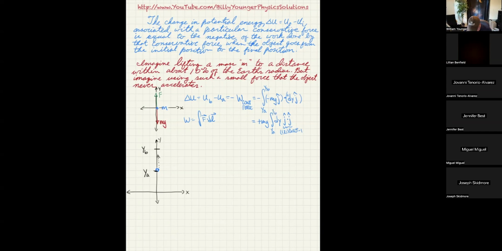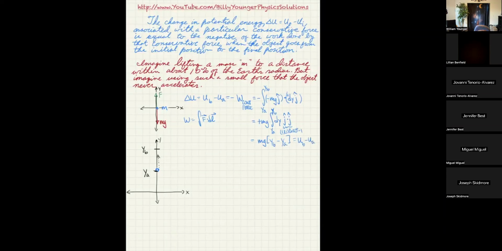The integral of dy is of course just y, and then you evaluate it at yb and ya. So you get mg times yb minus ya, and that's equal to UB minus UA.